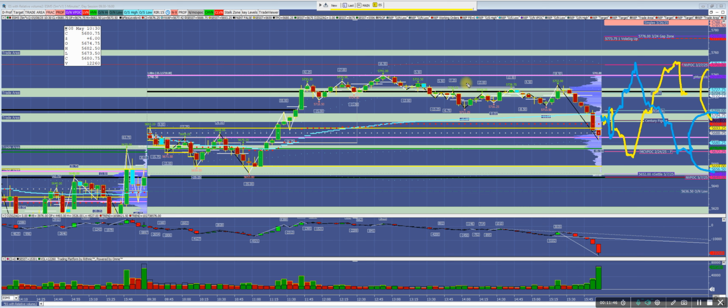So that's hypo 2. Hypo 3 is a move higher. So hypo 3 is an open auction. I'm looking for an open rejection reverse. So I'm looking for a move down, taking out the settlement, and then somewhere in between the 5686 and the 5675, finding buyers, rotating us up, chopping, coming up, chopping, break out of the prior day range, and then going up.